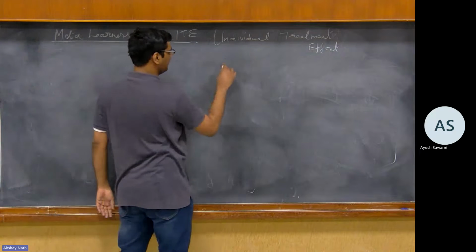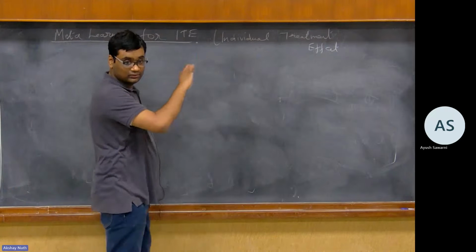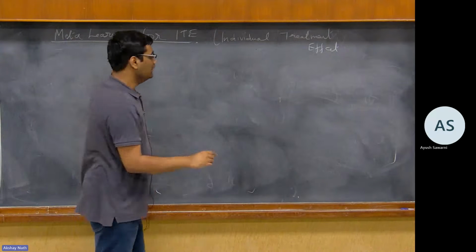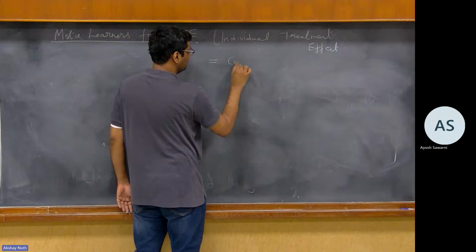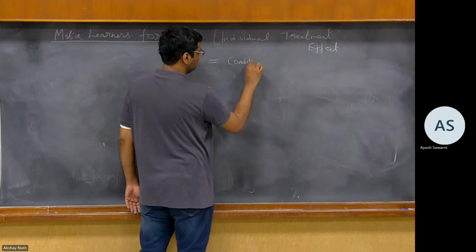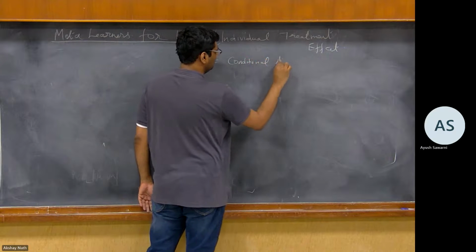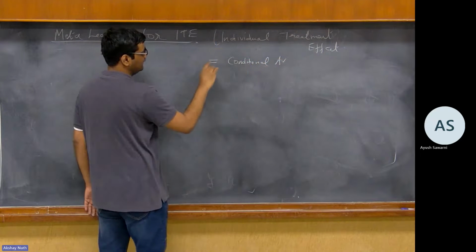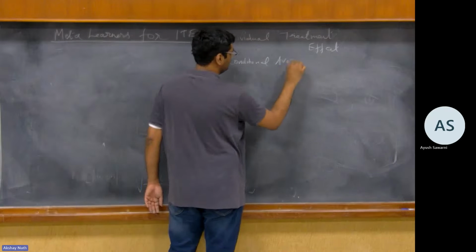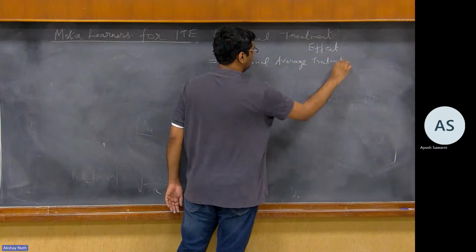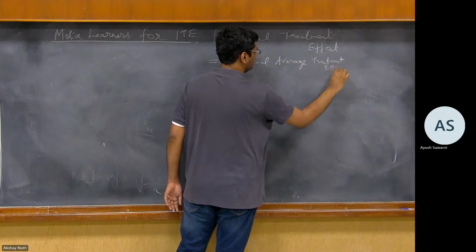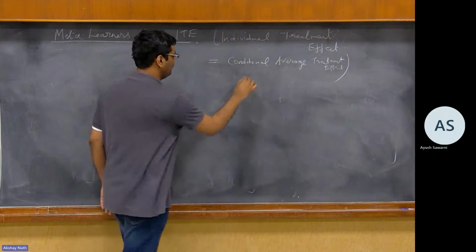We will say that the individual treatment effect, which is a counterfactual going beyond potential outcomes, is equal to, in expectation, the conditional average treatment effect. So we call this K.